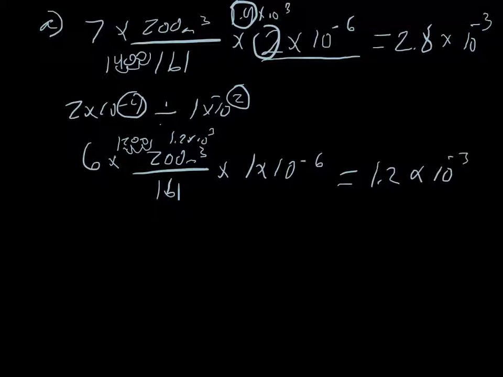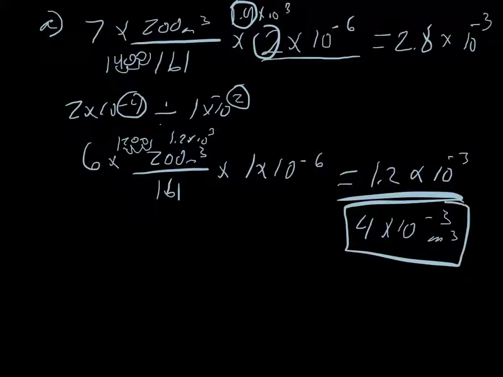And those are our only 2 sections. So now if you add those 2 together, you're going to get 4 times 10 to the negative 3. Okay, and that's in cubic meters, and that would be your answer.